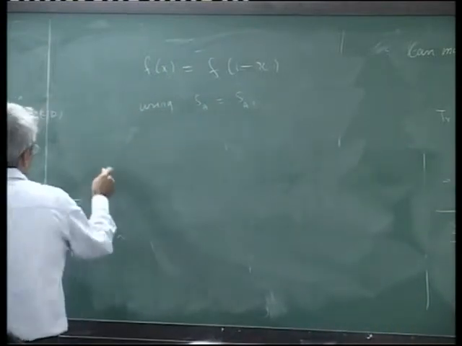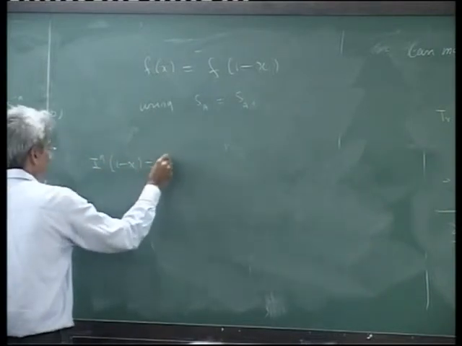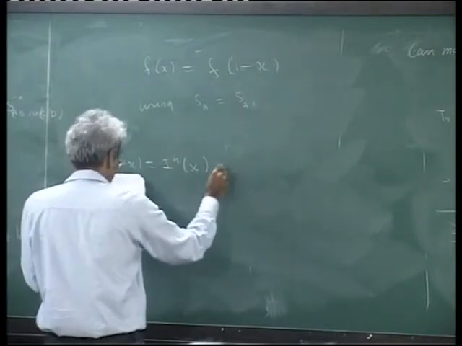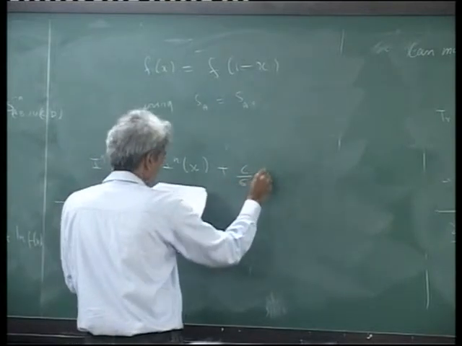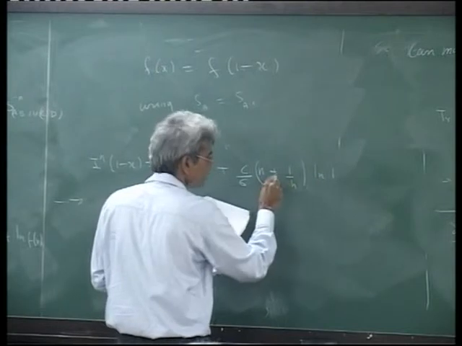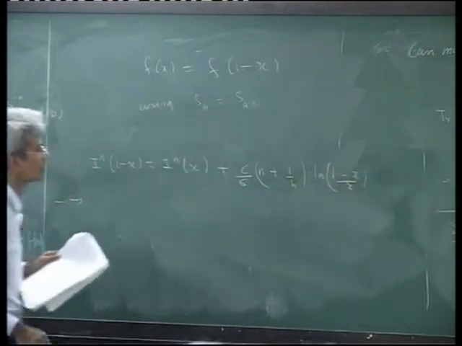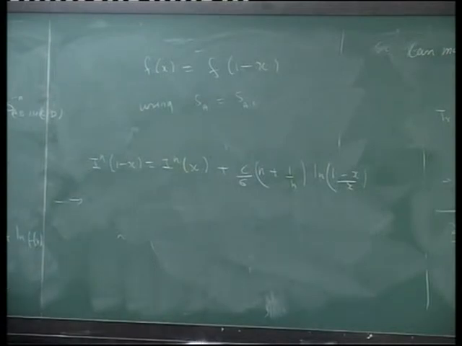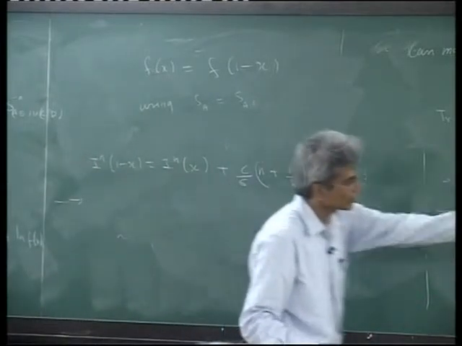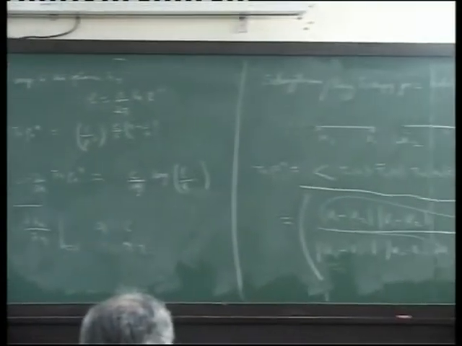Therefore, there is a nice relation. S_n in 1 minus x is the same as in x plus c by 6 times (n plus 1 by n) log of (1 minus x) by x. So you can write this relation, which relates the two halves. So one half is enough. One of the things I forgot to mention is that here you see the answer really depends on the details of the CFT.